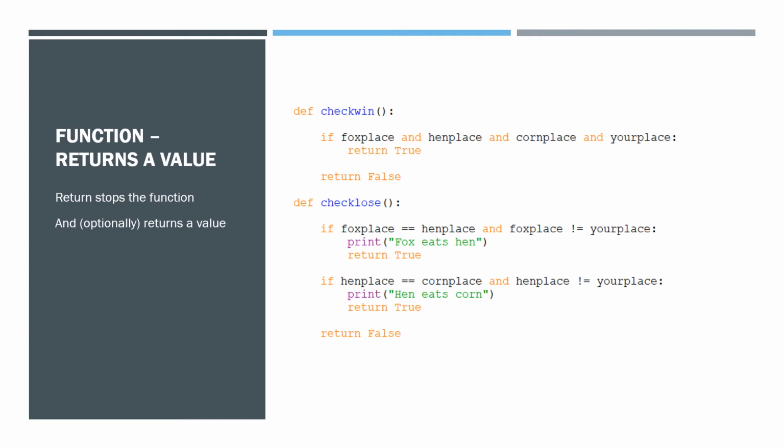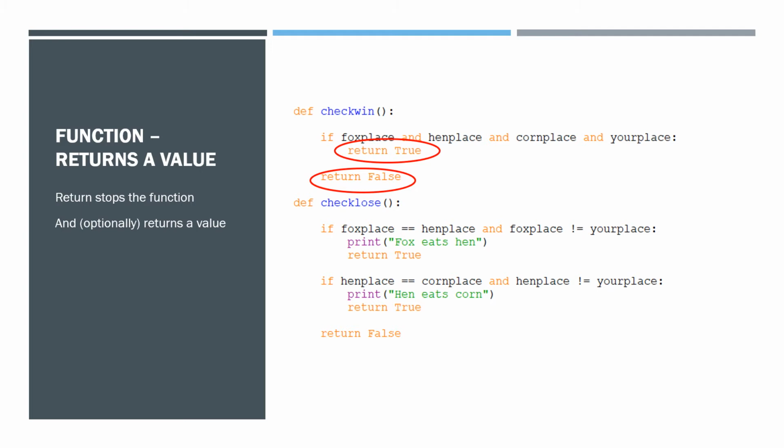Here are the two functions which we wrote before, but now I'm returning the value of win. In fact, I'm returning two different values, but only one of those will be carried out. If the win condition is true, then the value true will be returned. Otherwise, the value false will be returned.